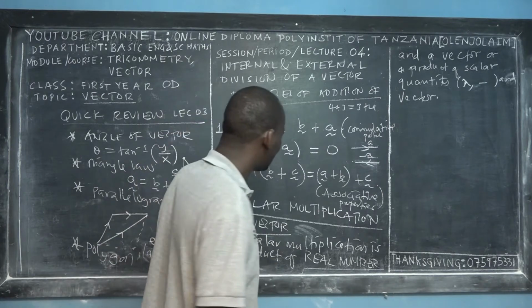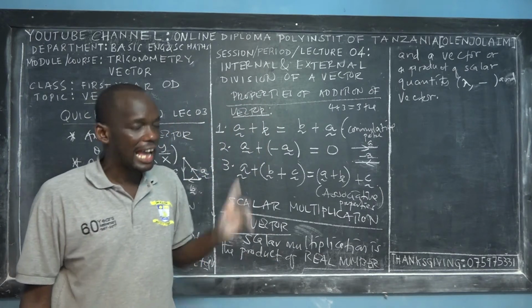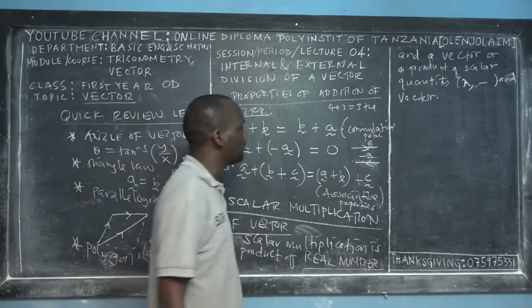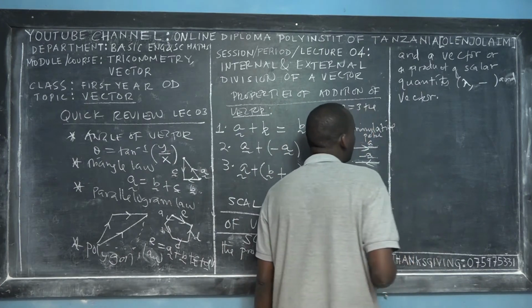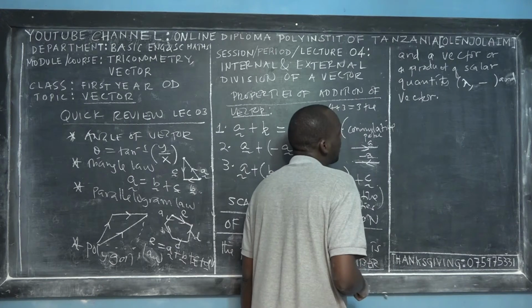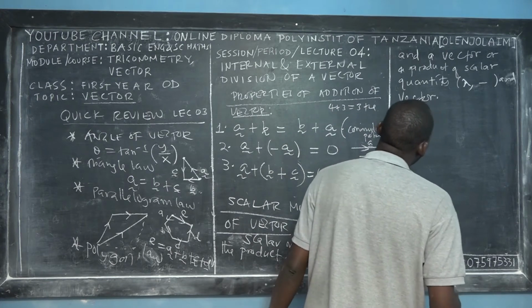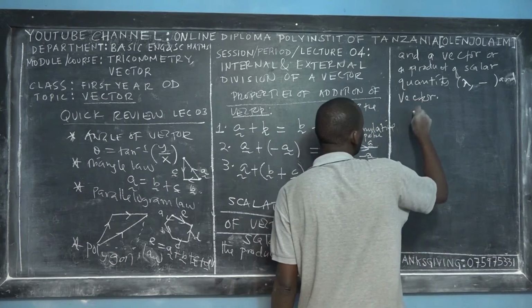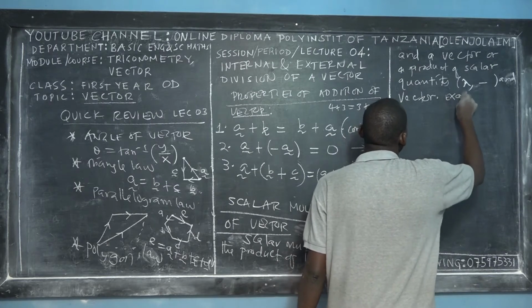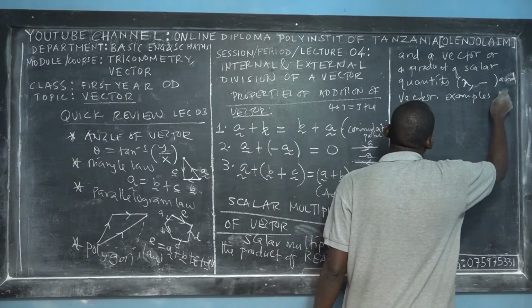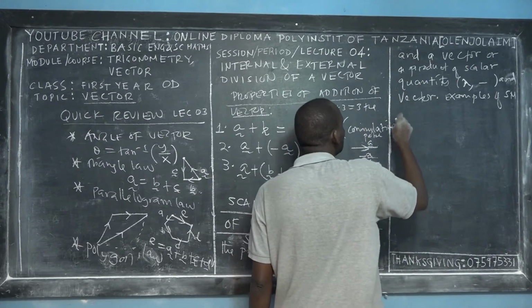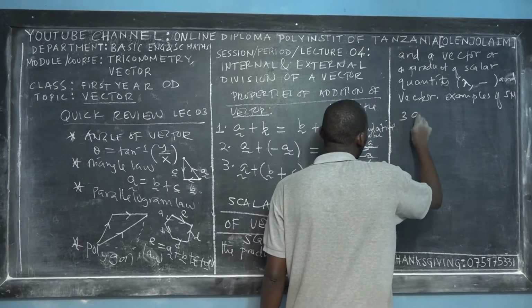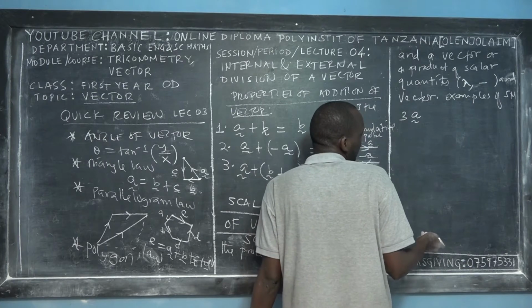Okay, so that is scalar multiplication. How do we write scalar multiplication in mathematics? If we begin with the first definition, the product of a real number and a vector, these are examples of scalar multiplication. If you write 3 times vector A, that's scalar multiplication.